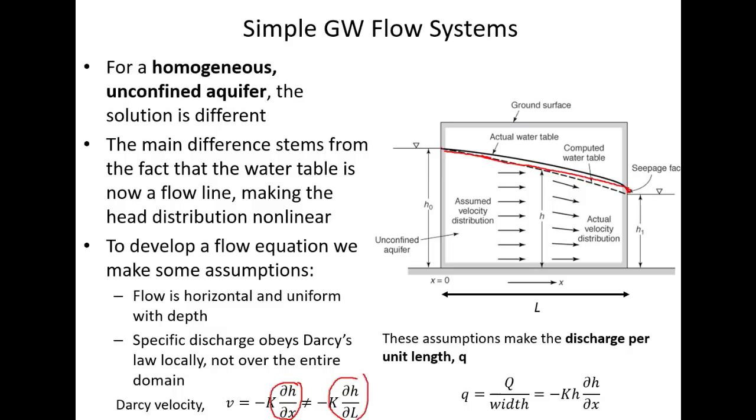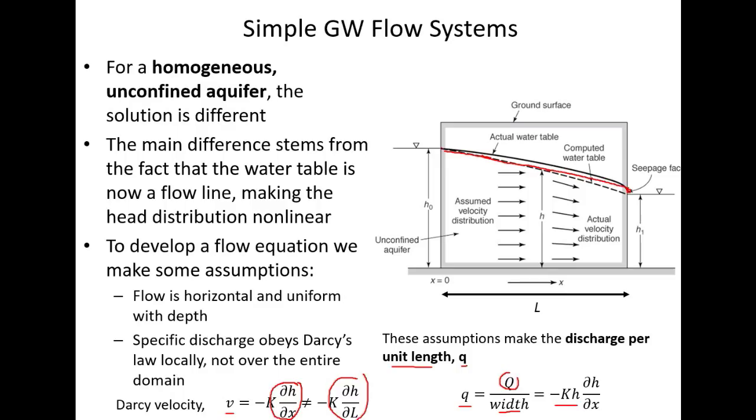So these assumptions make the discharge per unit length, which in the textbook is this little q here. So Darcy's velocity is indeed v. Discharge per unit length is q, little q, which is big Q, the flow rate, divided by the width of the aquifer. And that's going to be equal to k times h.